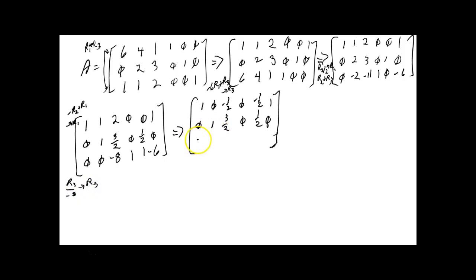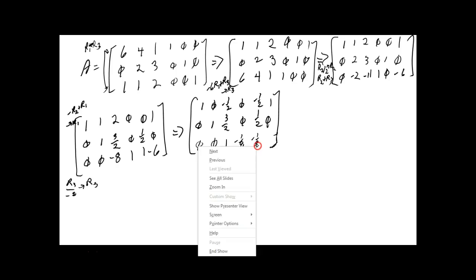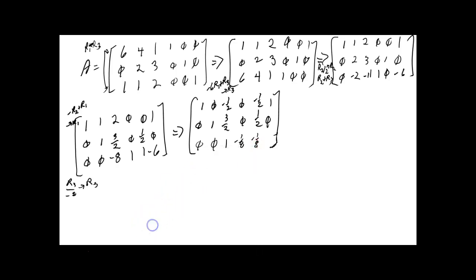Okay, so that will produce 0, 0, 1, negative 1/8, negative 1/8, yuck. Okay. You said negative 3/4, right?